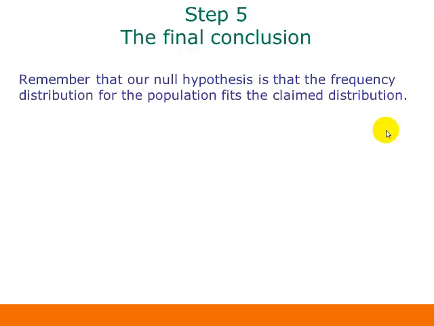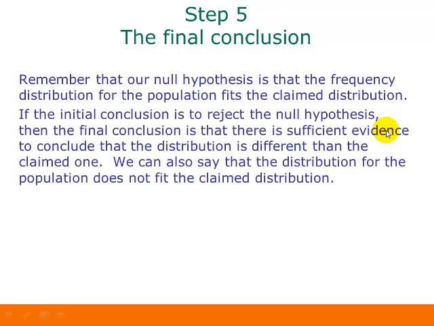Okay, the last thing we need to talk about here is writing the final conclusion. This is a little bit confusing because remember that our null hypothesis is that the frequency distribution for the population does fit the claimed distribution. So if our initial conclusion is to reject the null hypothesis, then our final conclusion is that there is sufficient evidence to conclude that the distribution is different than the claimed one.